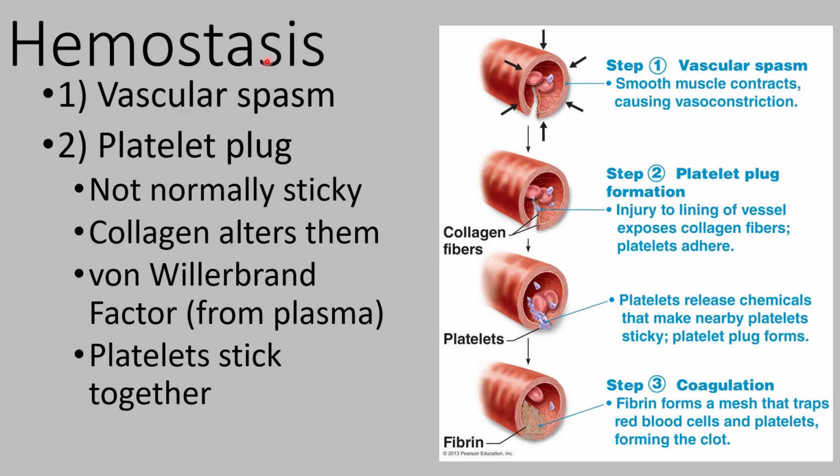Blood clotting is completely different from clumping that we talked about when we were talking about blood types. Clumping is agglutination, but clotting is called hemostasis, which is a completely different word from homeostasis.